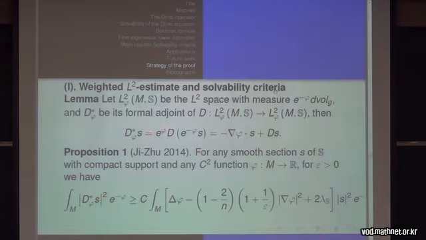The basic a priori estimate is given by this one, and it's a corollary of the Bochner formula. But the difference is that we have the weight function here, and it's similar to the homogeneous estimate for the d-bar equation. The point is how to choose the weight function from geometric assumptions.